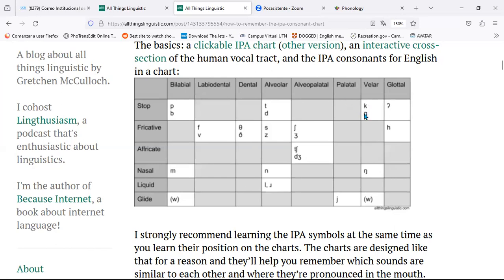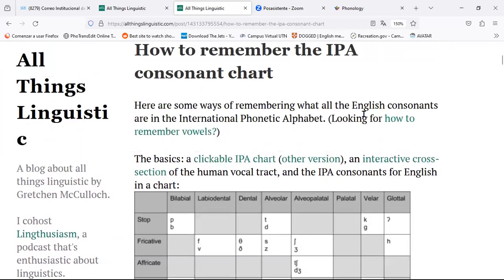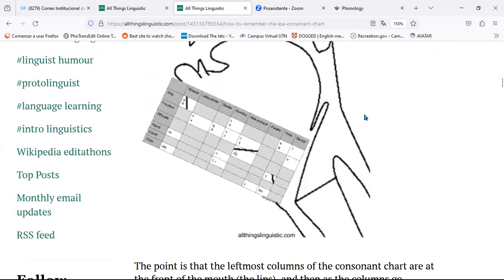These stops are made in the back of our mouth, much in the back. I'm going to show you here. If we place this chart in our mouth, this is what it will look like. So the velar sounds are around here. We are going to make them around here. And this is called the velum.